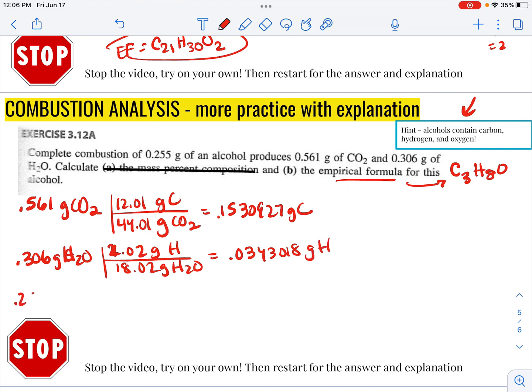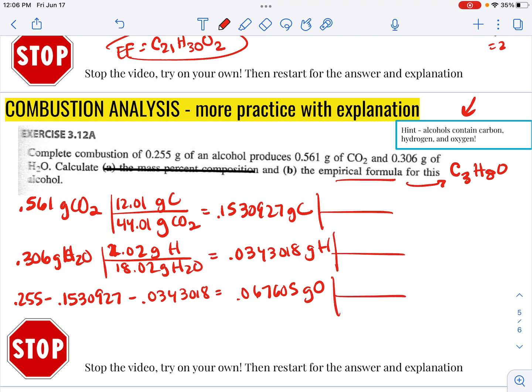I'm going to take the total, the 0.255, and subtract the carbon and the hydrogen to get 0.067605 grams of oxygen. I'm really not being careful with sig figs, I'm just keeping lots. Then I'm going to divide by the small, which is, oh no, I have not. I have to go to moles first, sorry. So I have grams of everybody. I'm going to convert to moles.